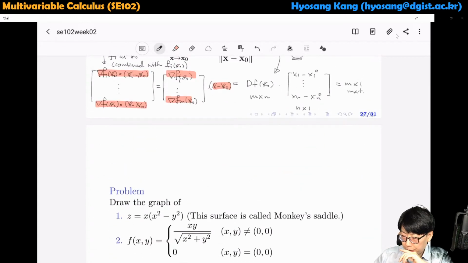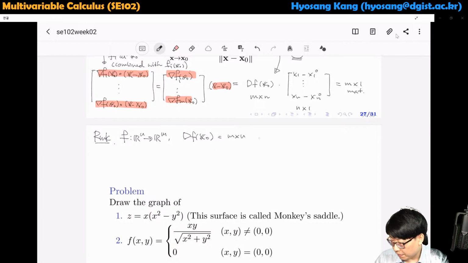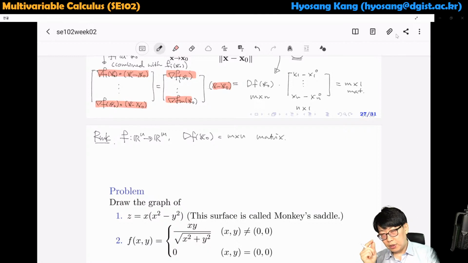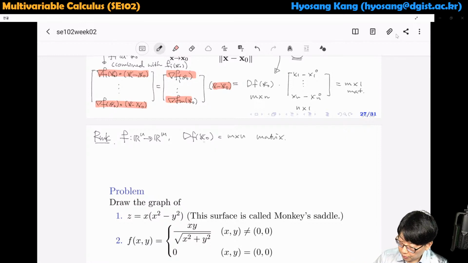So here's one more remark. Let me write that and then say it again. When you have a multivariable function, the general form, this is an m by n matrix. Now, if you want to find the differential, you need a point which defines your differential. Without a point, you cannot define a specific matrix consisting of real numbers.